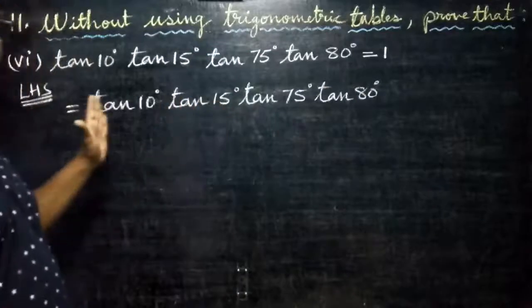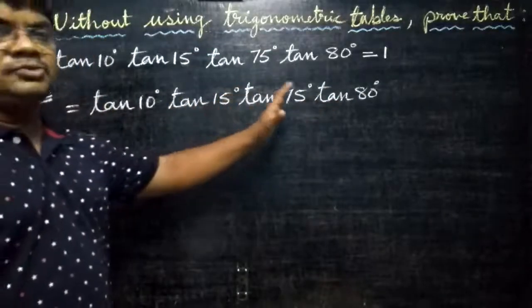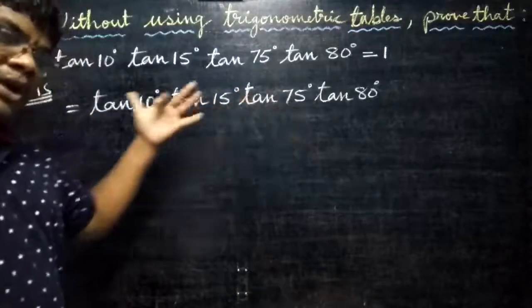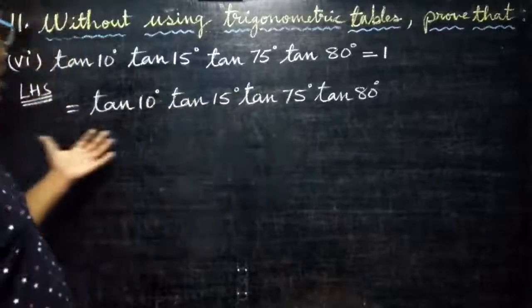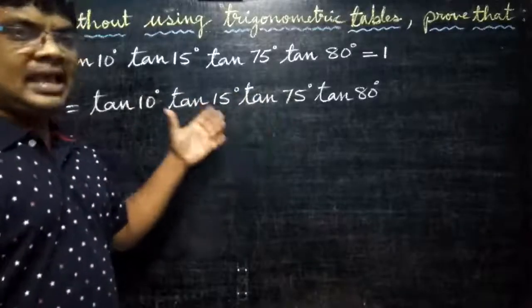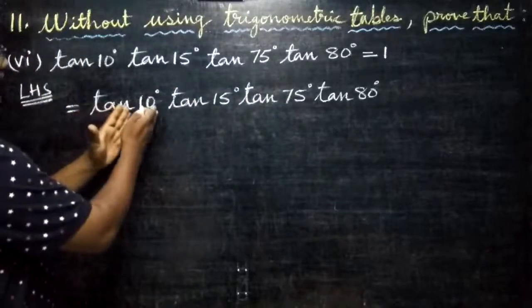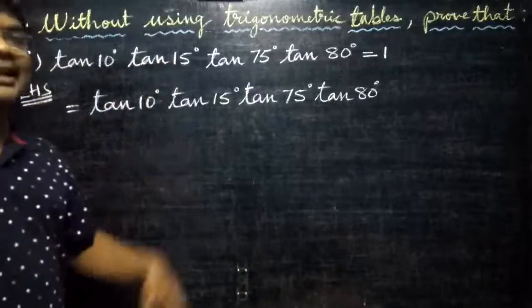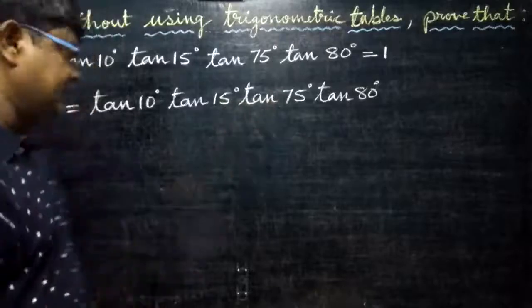In multiplication, anywhere you can write 1 into 2 into 3 into 4, or 1 into 3 into 2 into 4, or 4 into 3 into 2 into 1. However we multiply, the same answer comes. Here also, I am bringing 10 degrees and 80 degrees side by side, because both together make 90, and 15 degrees and 75 degrees, both 90, side by side.